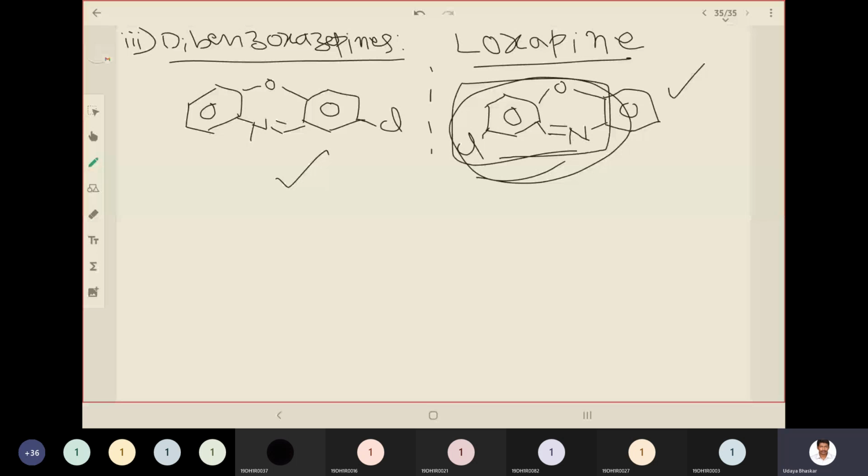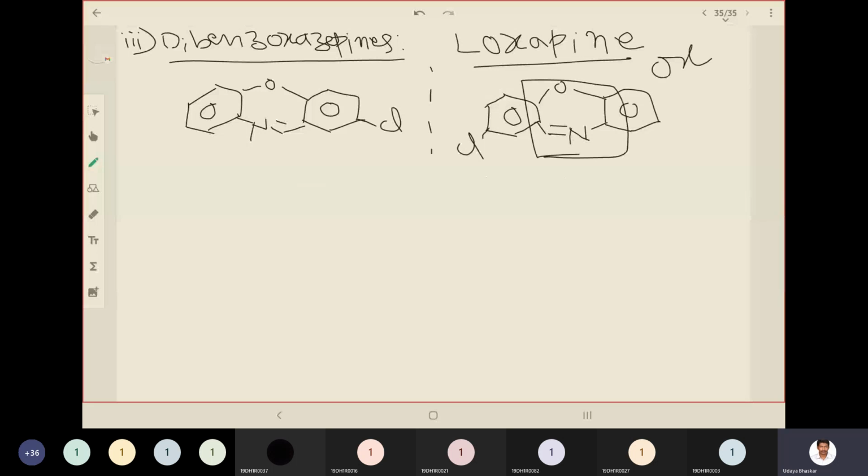So this is how dibenzoxazepines look. So here we have dibenz. So two benzene rings fused with the oxazepine ring. So the middle one is the oxazepine, ox for oxygen, aza for nitrogen, and it is a seven-membered oxazepine. So let us see the attachment.